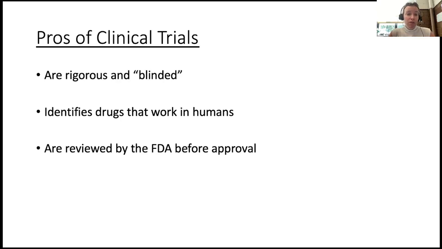So the pros of clinical trials, right? They are rigorous and blinded. What does this mean?